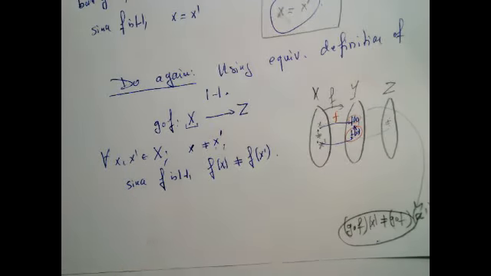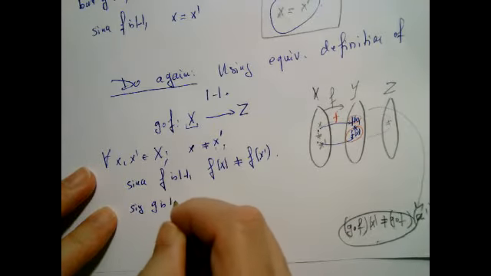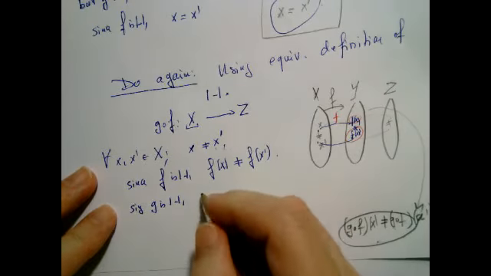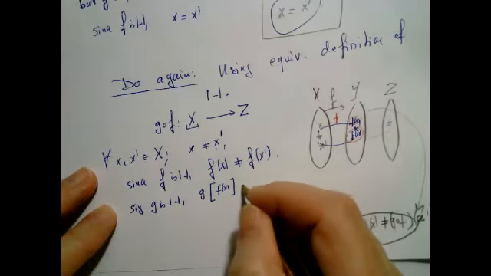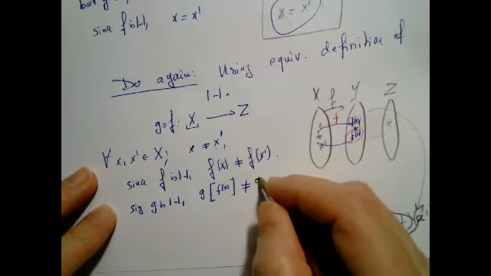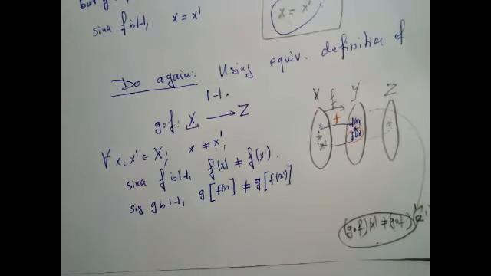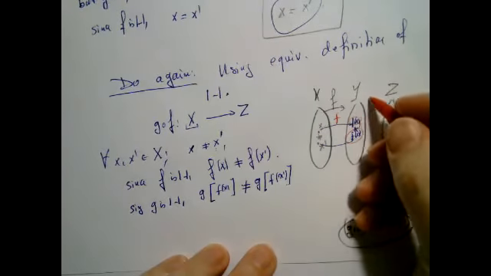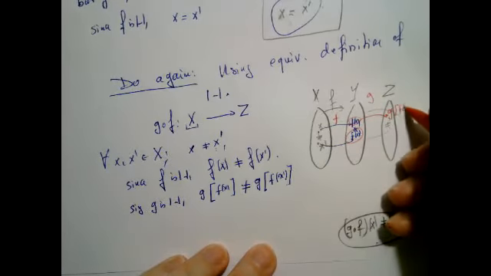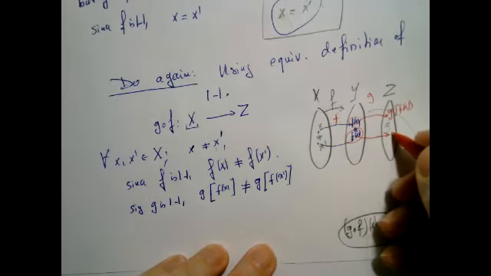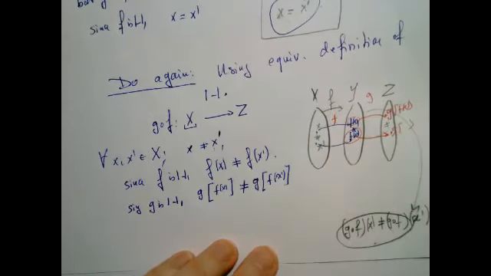Since G is one-to-one, G of F of X, now I'm using F of X as the input of G, is not equal to G of F of X prime. Okay, now I'm using that. G is going to send this to G of F of X, and this is going to send to a totally different one because G itself is one-to-one.